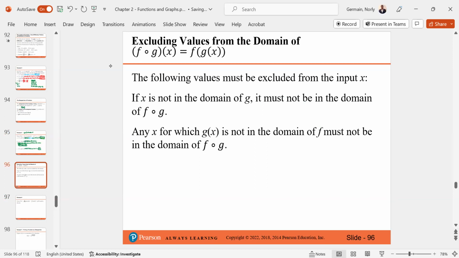If x is not in the domain of g, it must not be in the domain of f of g of x. Remember, if it's not in g, then it cannot be in f of g of x. Any x for which g of x is not in the domain of f must not be included in the domain. So that's something we say, and because we've been talking about it, we say it in two different ways.